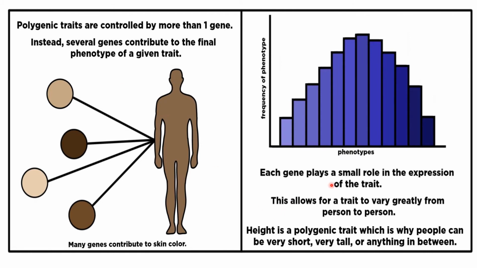Each gene plays a small role in the expression of the trait. This allows the trait to vary greatly from person to person. Height is a polygenic trait, which is why people can be very short, very tall, or anything in between.